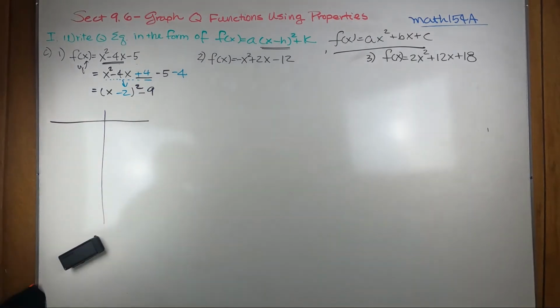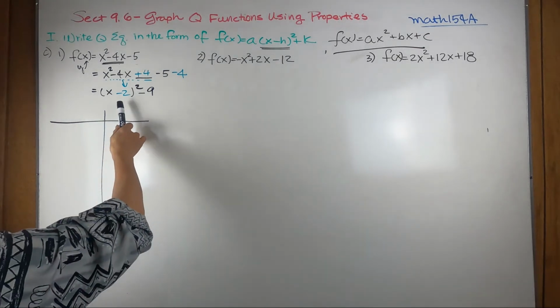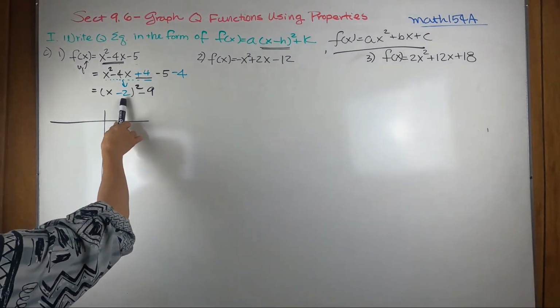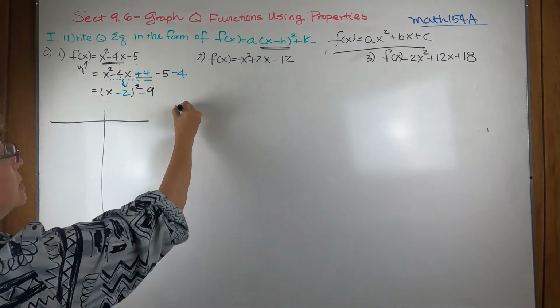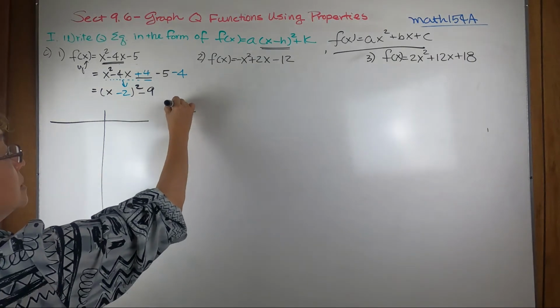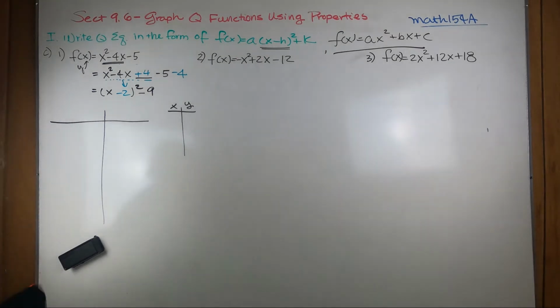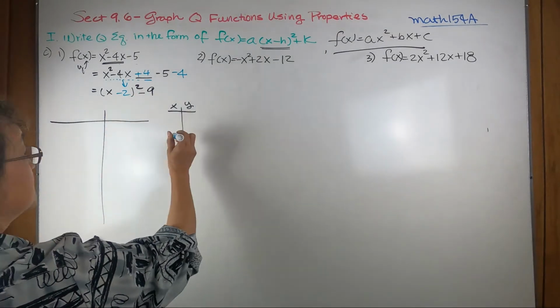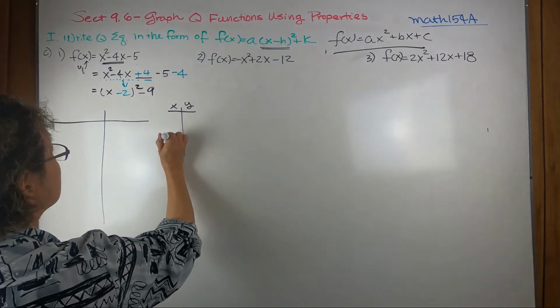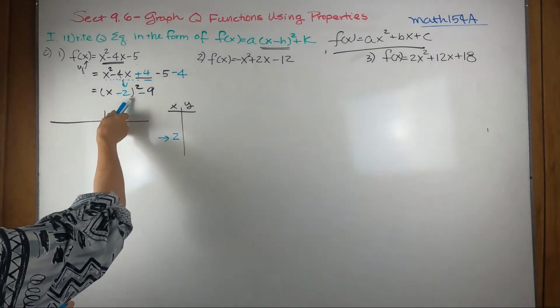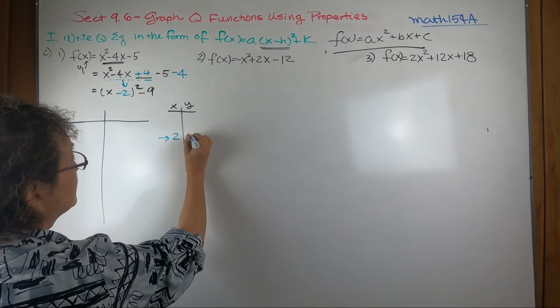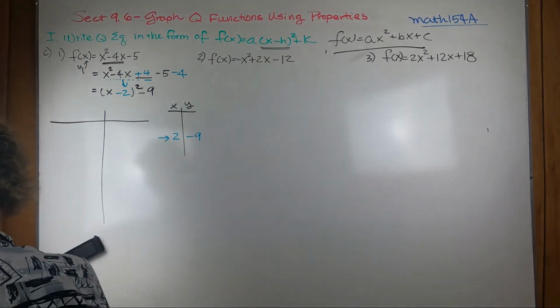Then my vertex is what? Opposite of x, 2, and -9, right? So for my t-table, which number should I put in the middle? Opposite, 2, right? If you plug in 2 for this one, then y would be -9, right?